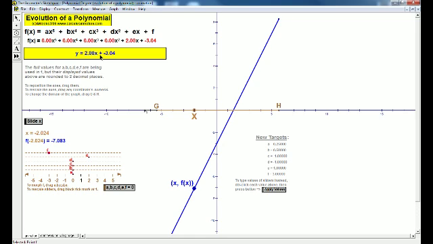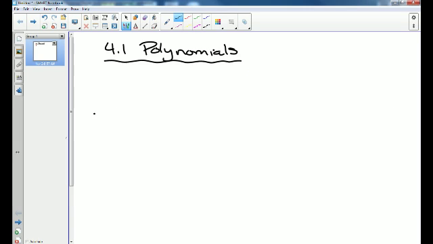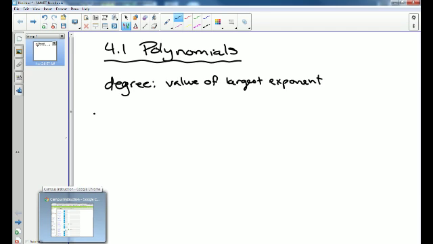Okay, so degree is a big thing for today. Keep that in mind, because it is important. It tells us something about the equation, something that we're going to use a lot.